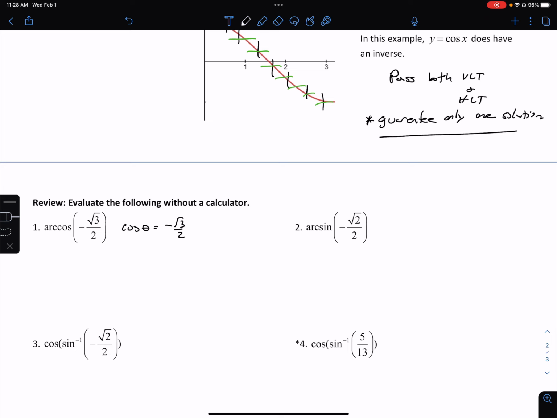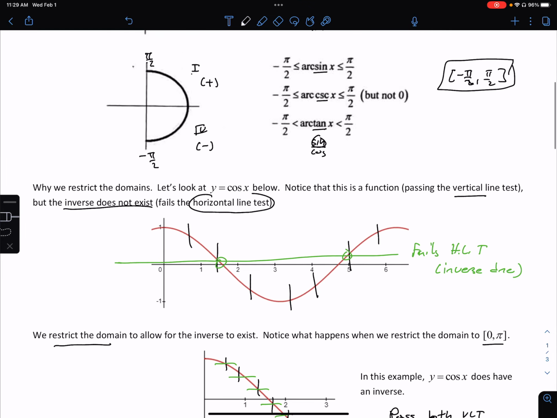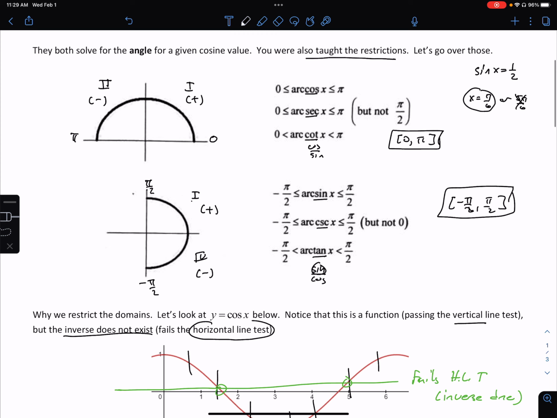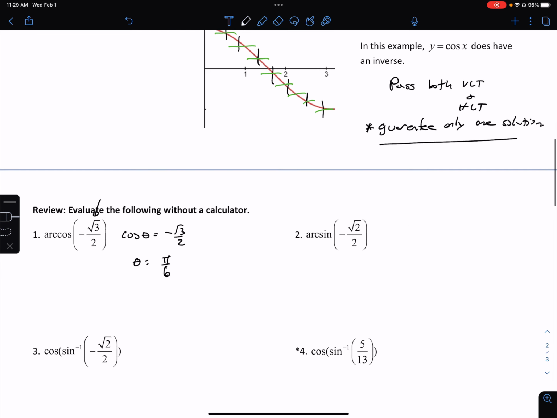And that is going to be a pi over 6. But the negative tells me where cosine has to be. And negative cosine has to be in quadrant 2. So what's the pi over 6 in quadrant 2? Well, that is just 5 pi over 6. And there's our answer.